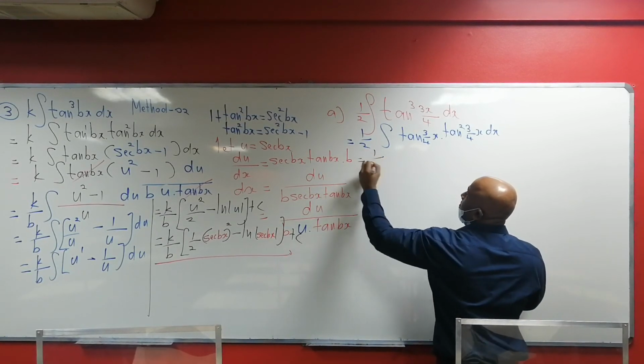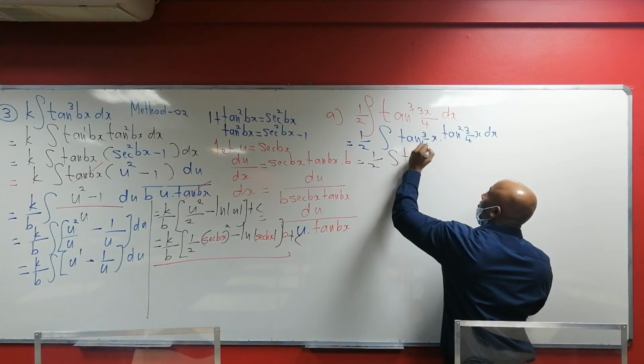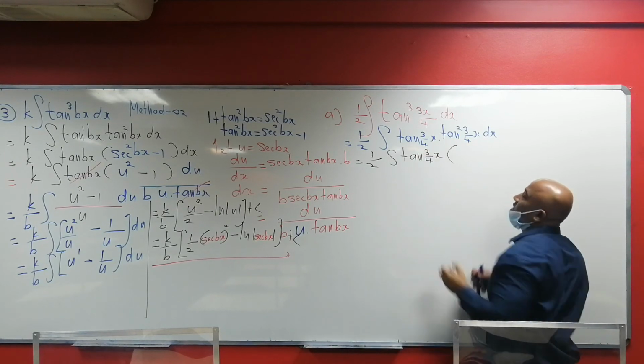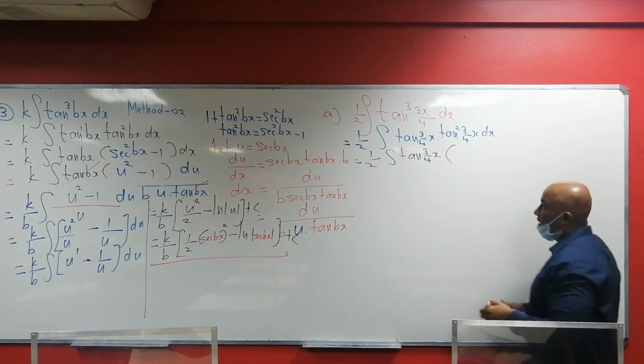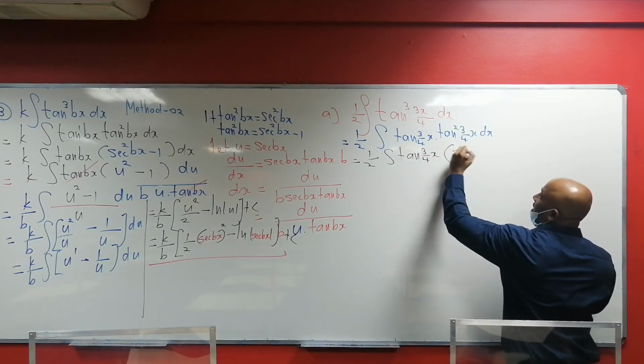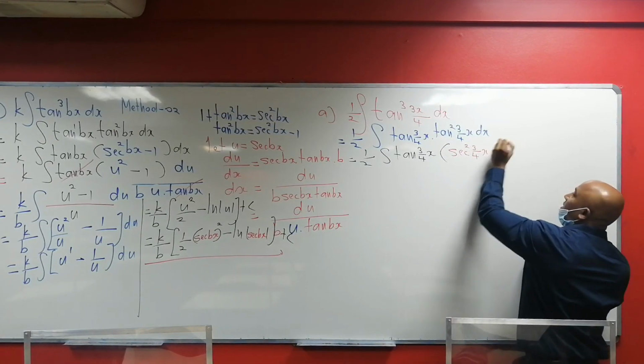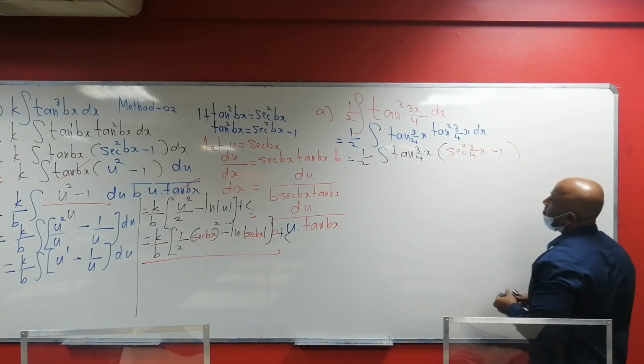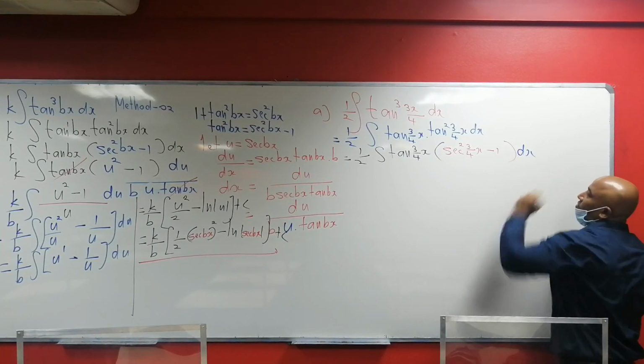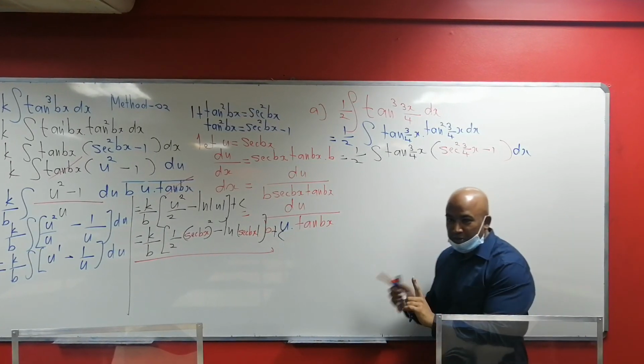Tan squared, we use our square identity. Tan squared can be written as sec squared 3 over 4x minus 1. Now from here you have two options.